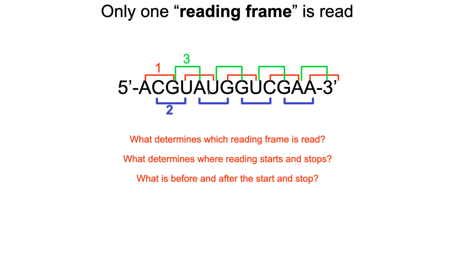And number 2, this is where we're going to start reading. The AUG is the start codon. Which means all of this stuff upstream of that first AUG does not encode protein. It's called the 5' untranslated region.